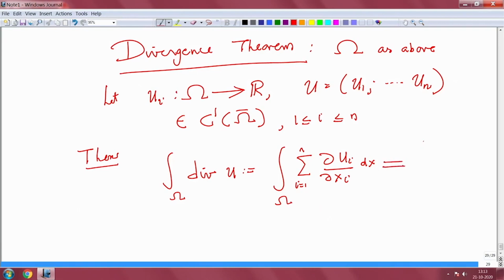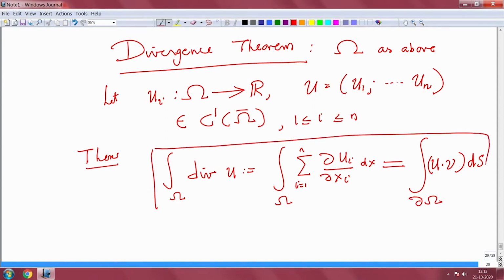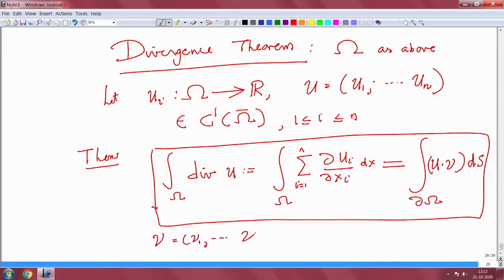So the theorem is this one: the integral of u dot nu, which is the surface integral over the boundary, where nu is (nu_1, ..., nu_n), the outward unit normal.